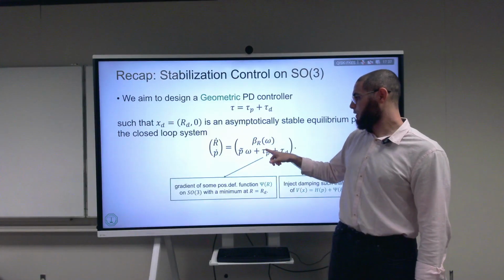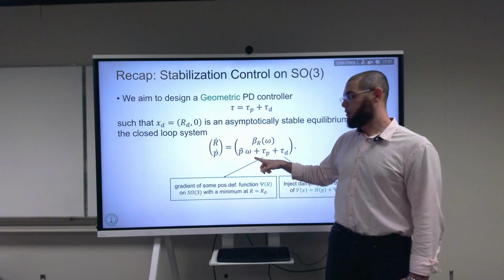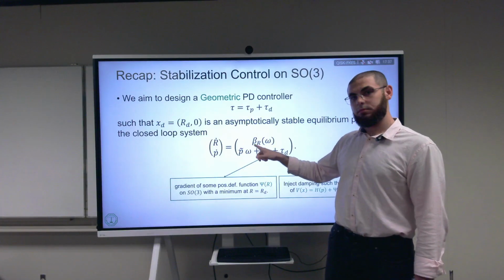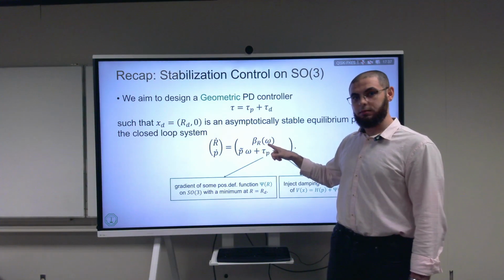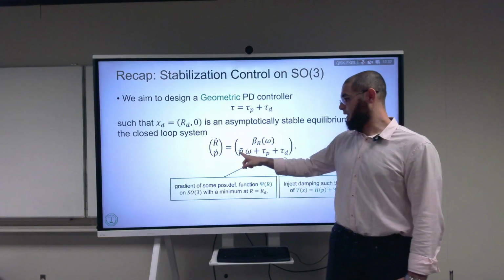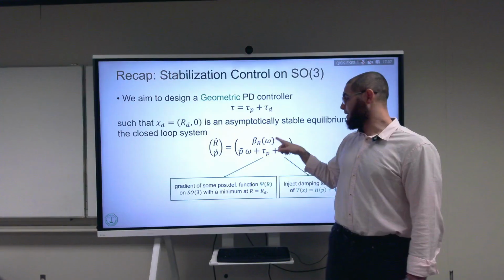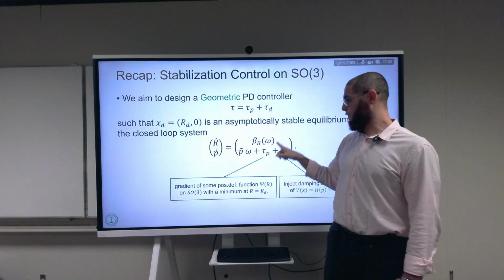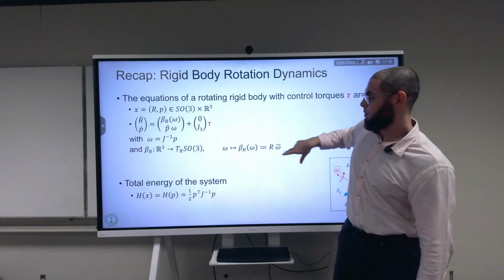R dot equals R omega hat, right? And here there is a p. That's right. And the omega is J inverse p. So it's a function of r and p. J inverse p. Can you write it?